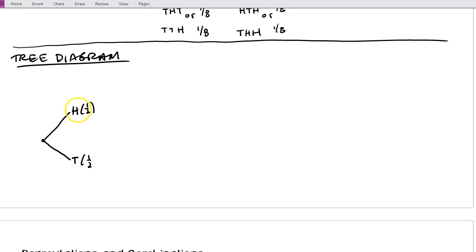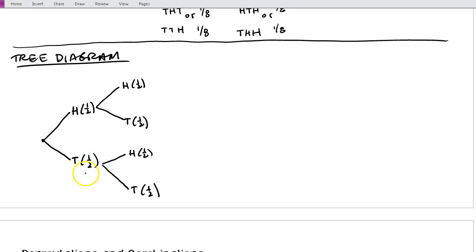If we tossed heads the first time, then we toss another coin. Again, it could be heads for 1/2 or tails for another 1/2. Or if we got tails first, we could get heads for 1/2, or tails for 1/2.